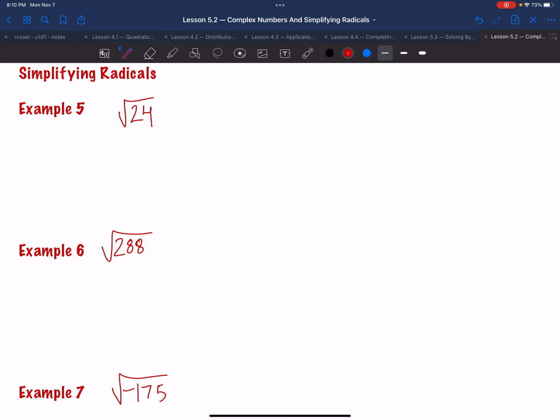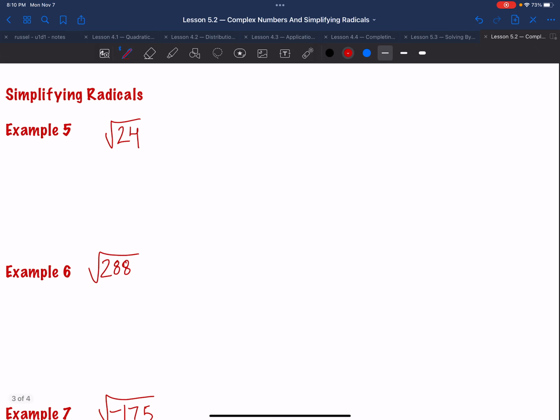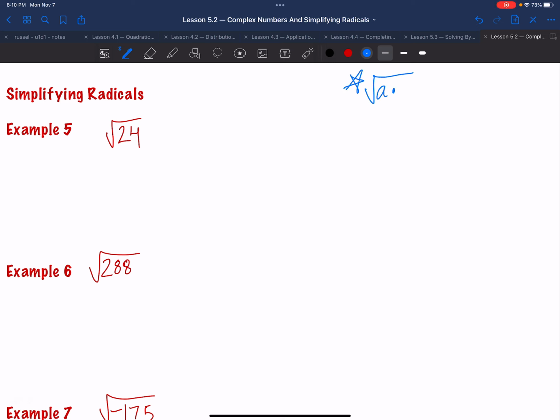Because I'm dealing with square roots, I want to look for perfect squares. Now, before I do any of this, a rule to know. The square root of a times b equals the square root of a times the square root of b. This is one property of radicals.